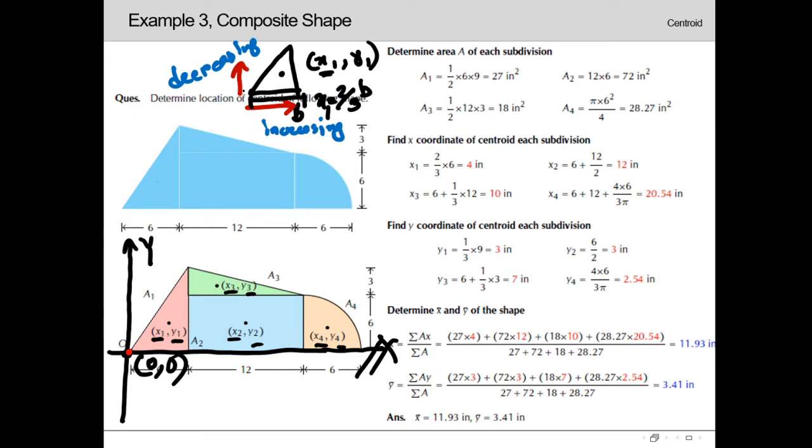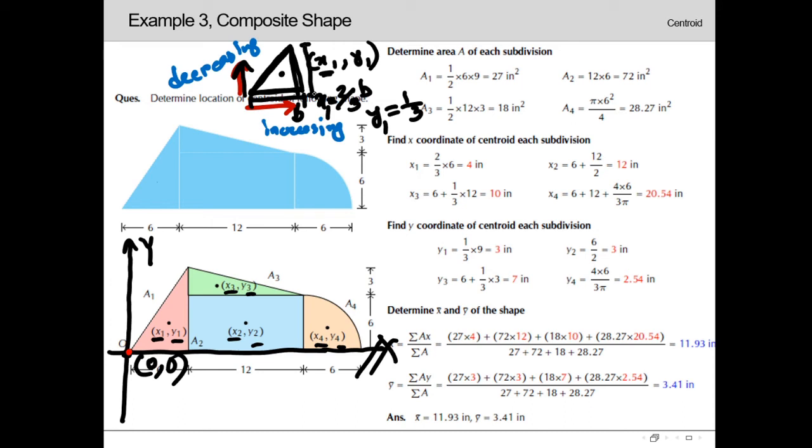And for y1, along the y-axis the entire section is decreasing, so while moving along the y-axis, the value y1 will be equal to 1/3 of the total length along the y-axis.